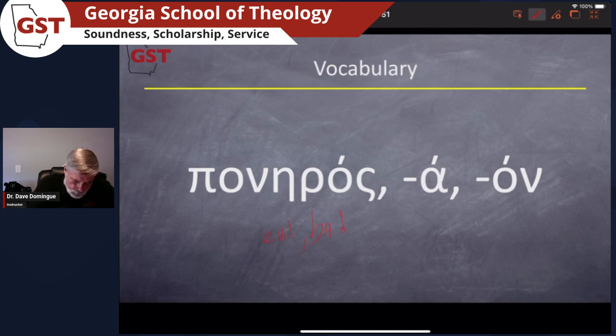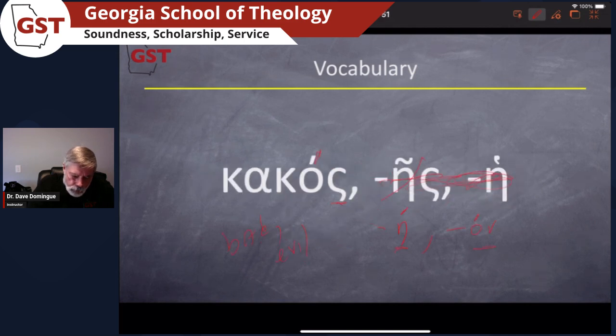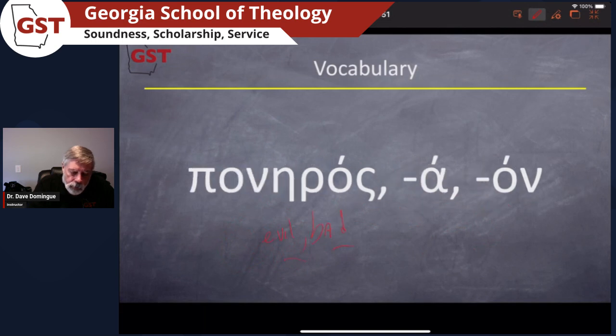There's poneros, that means evil or bad, and there's also kakos, meaning bad or evil. Typically kakos means bad more often than it means evil, and poneros typically means evil more often than it means bad, but they both mean bad or evil.